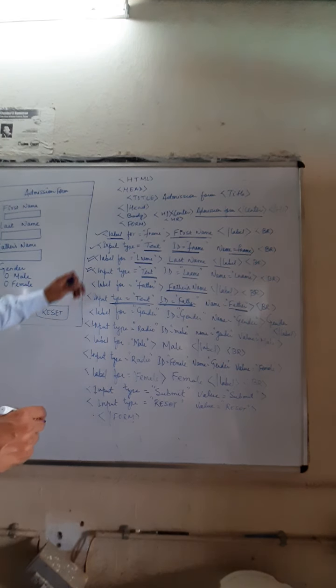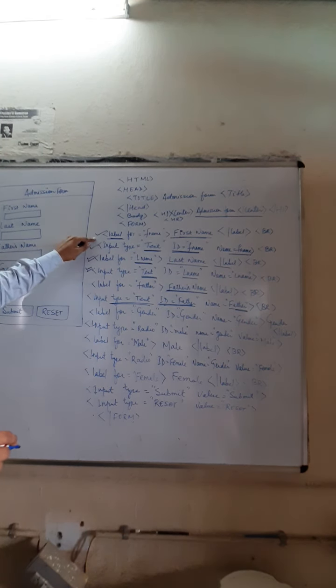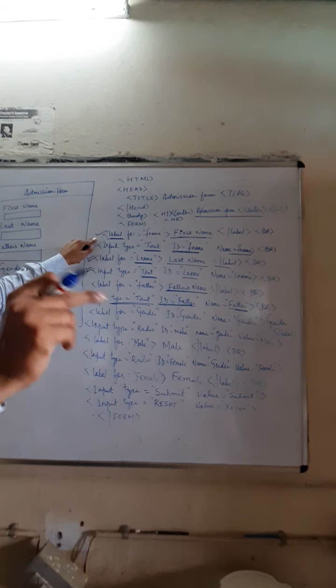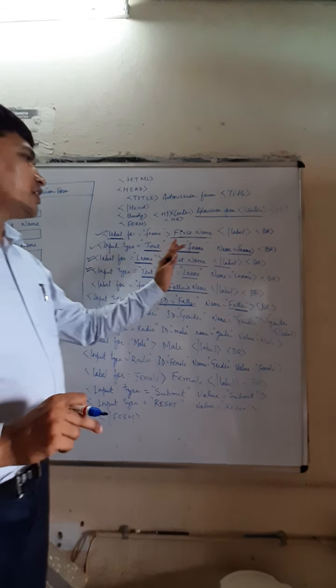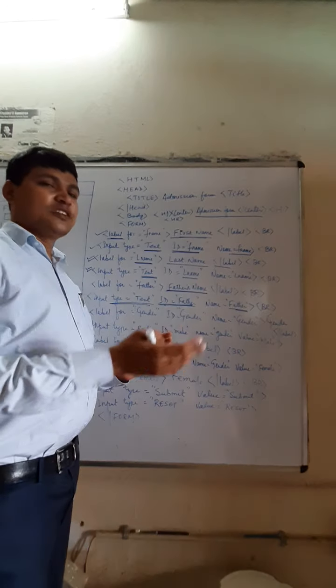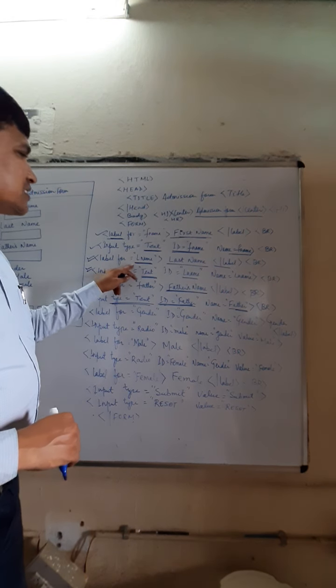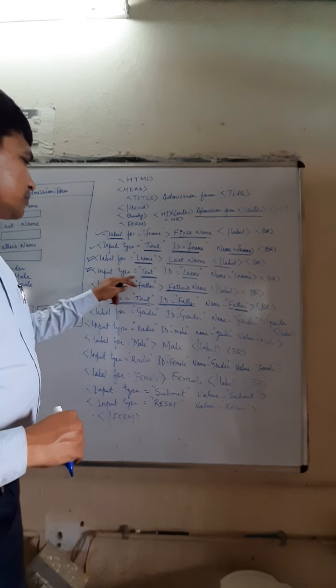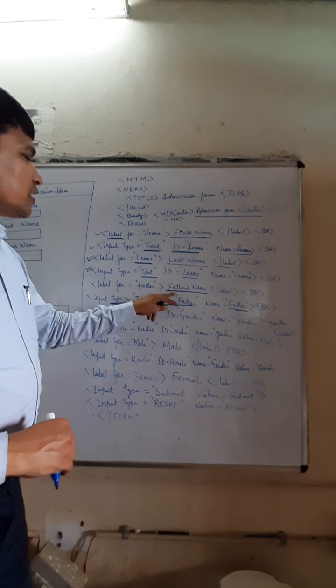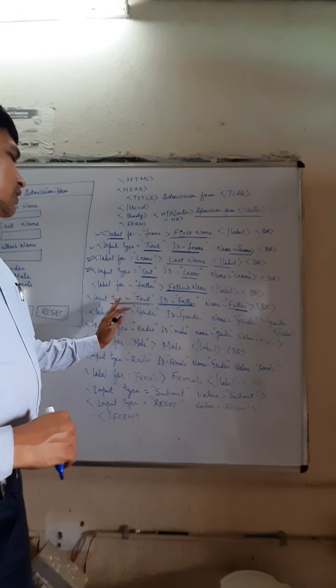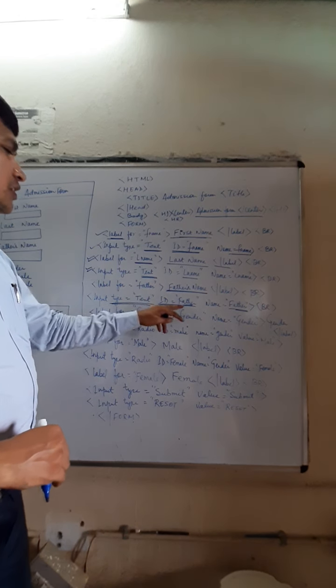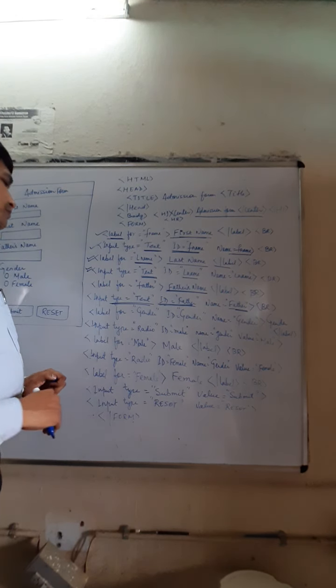The first label just displays the first name, then the input box displays and takes input from the user. Second, the last name is taken from the user in the input box, and the father's name is taken with the help of the input box in the father's text box.